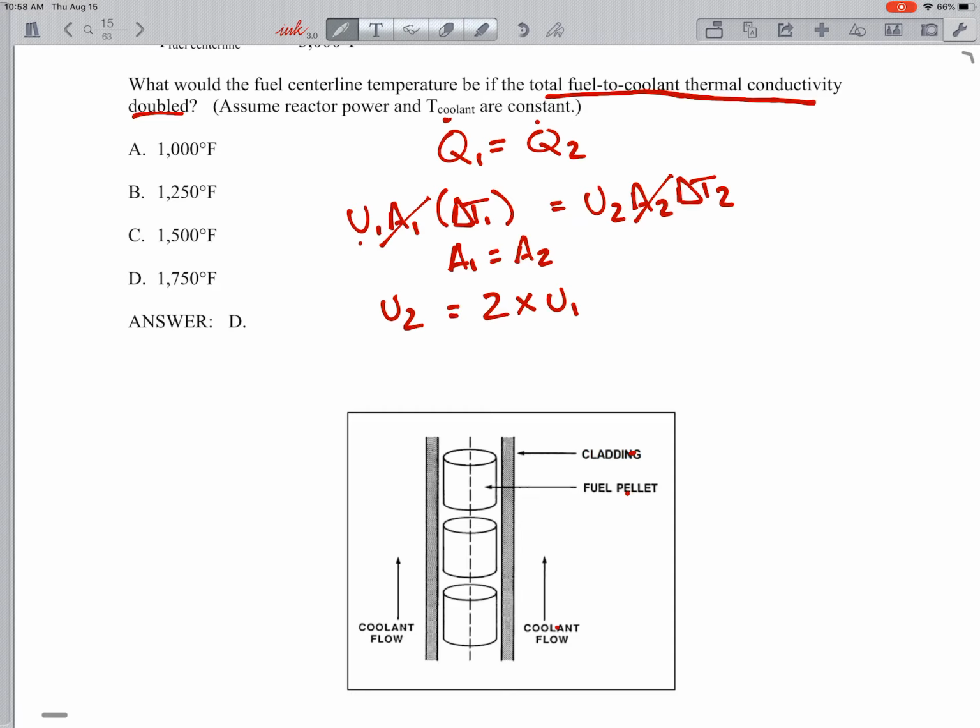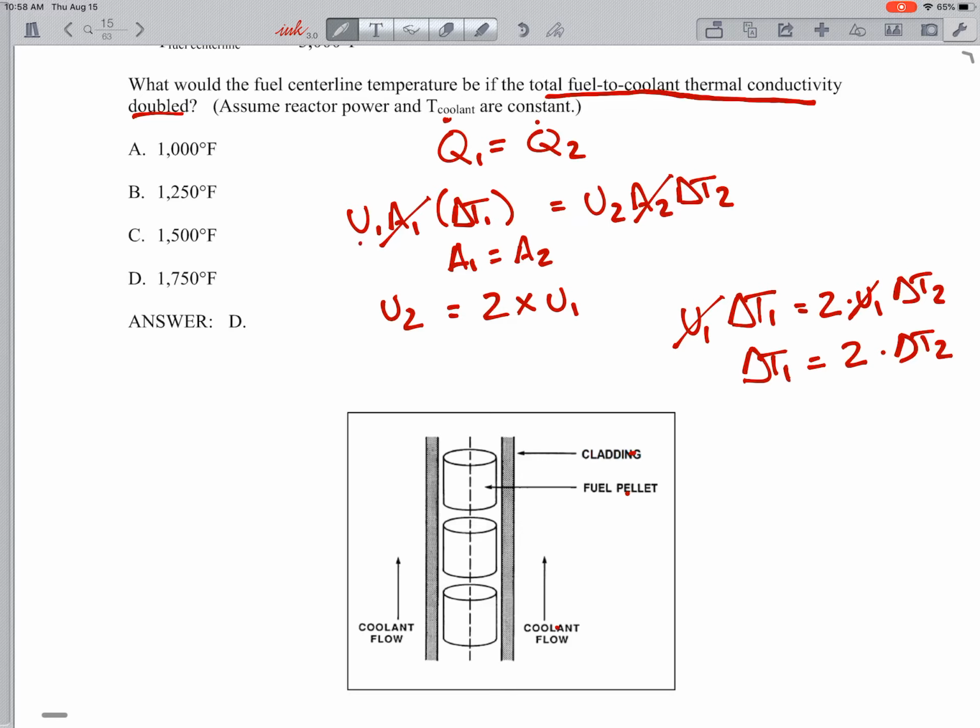Now we can rewrite the equation as U1 delta T1 equals 2 times U1 delta T2. All right. Now we can tell that U1 is going to cancel out. And now we've got delta T1 is going to be equal to 2 times delta T2.